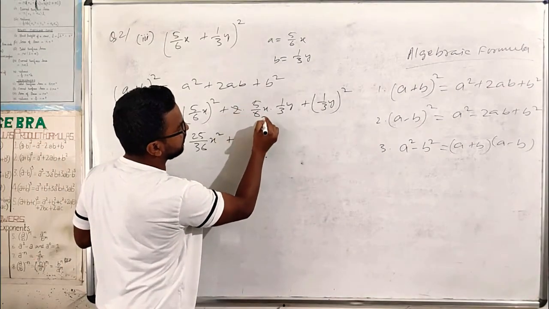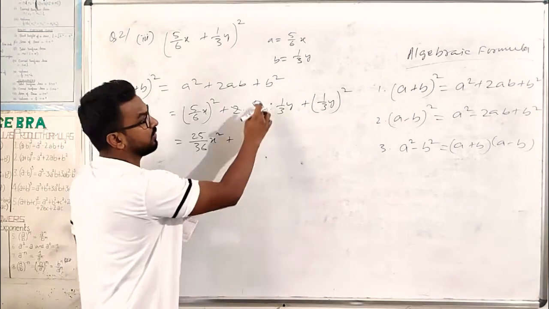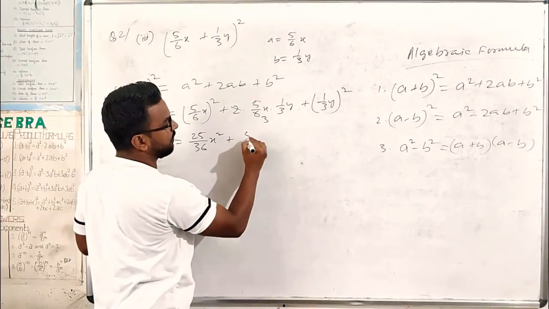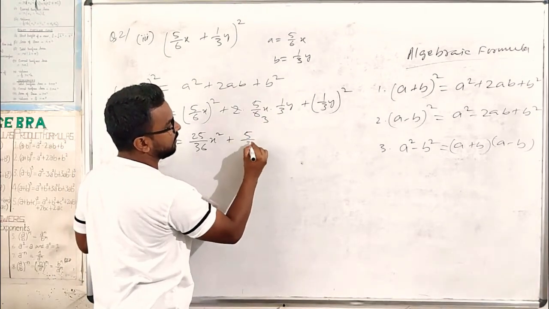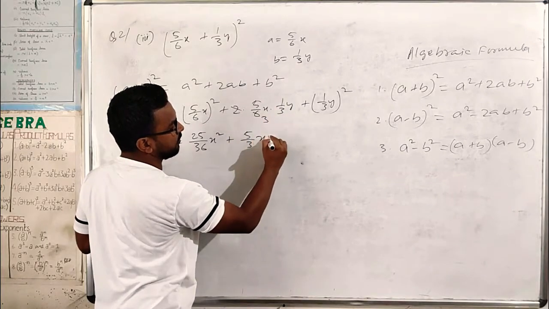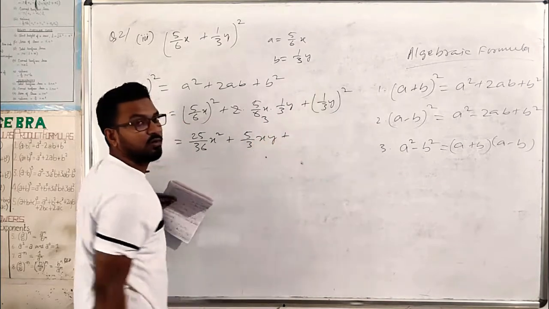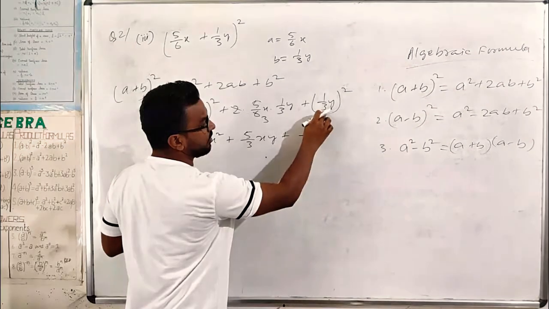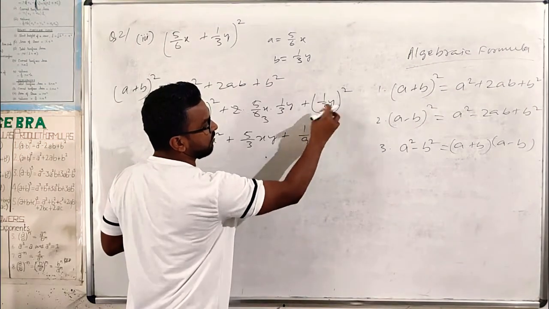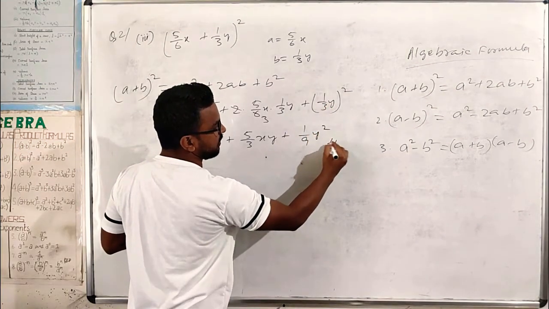You can cancel this one, this will become 3. So in the numerator it will be 5 into 1 is 5 and in the denominator it will be 3 and x into y, xy, plus the square of 1 is 1, the square of 3 is 9 and the square of y is y square. This is our answer.